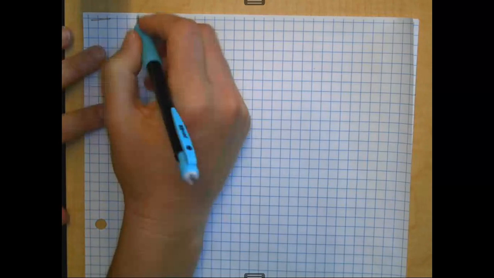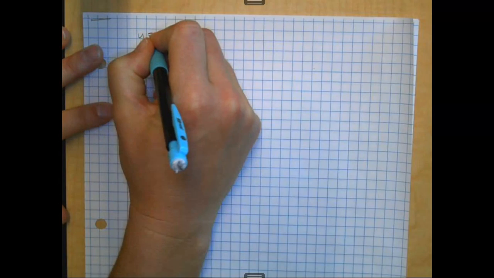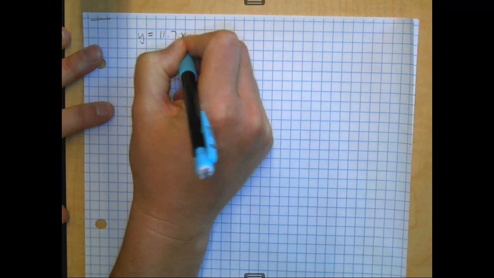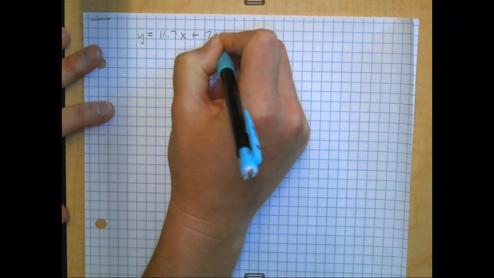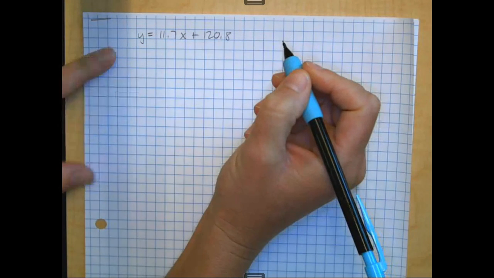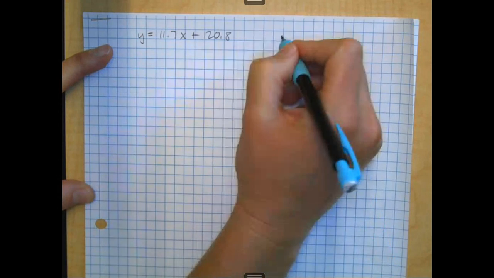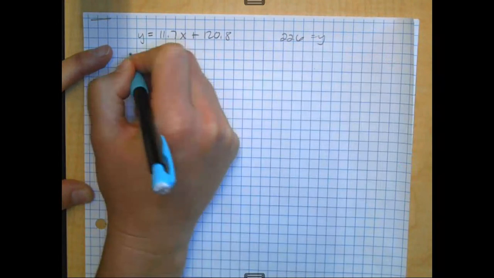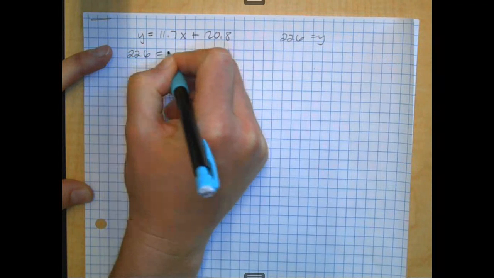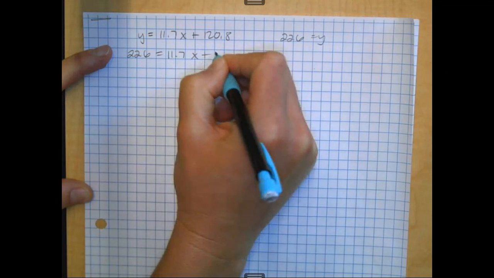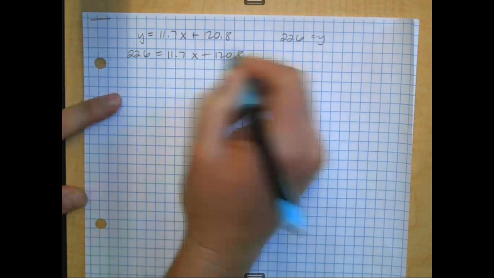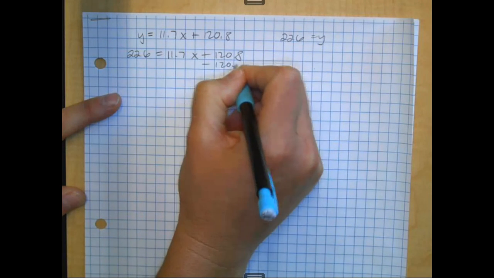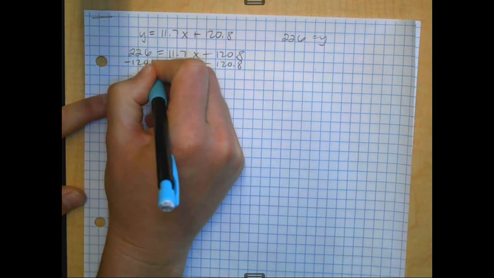Okay, so if we have our equation y equals 11.7x plus 120.8, I am now going to be plugging in that $226,000 for my y. So I now need to solve for x, so I have 11.7x plus 120.8. We're going to go ahead and subtract the 120.8 so we can get the x by itself.